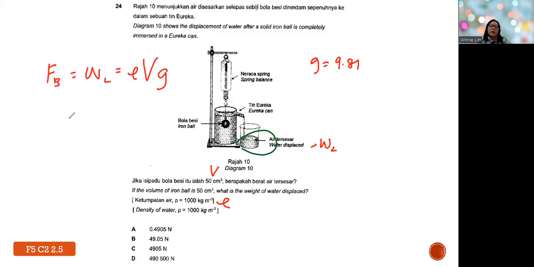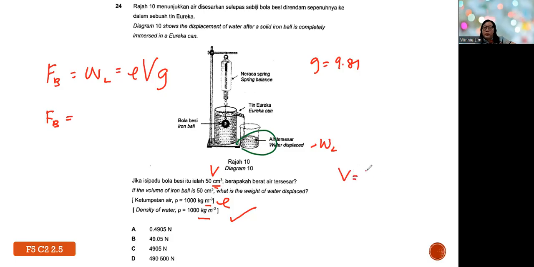So since you have all these values, you can substitute. But every time you substitute any value into the equation, you must make sure they are in SI unit or not. Kg per meter cube is SI unit, no problem. But the volume is in cm cube, so it is not in SI unit. How do you change to SI unit?